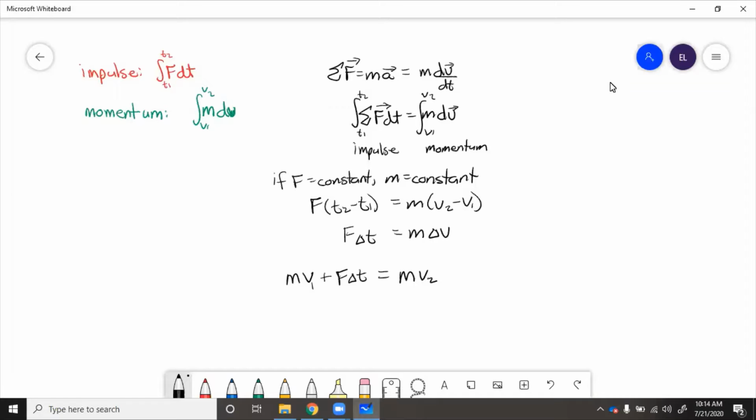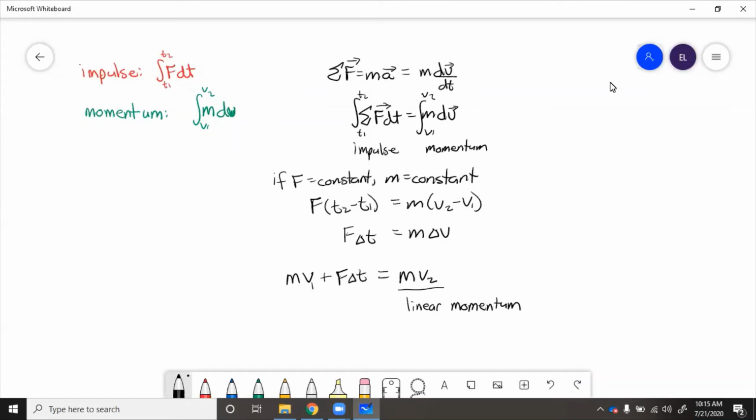So this is momentum, and this is linear momentum as opposed to angular, because it is translational. We know that momentum is mass times velocity.